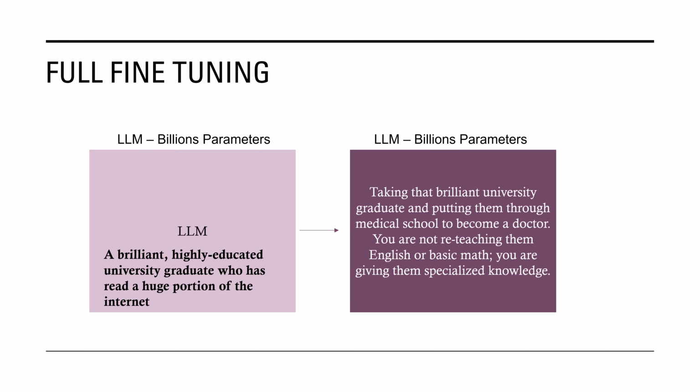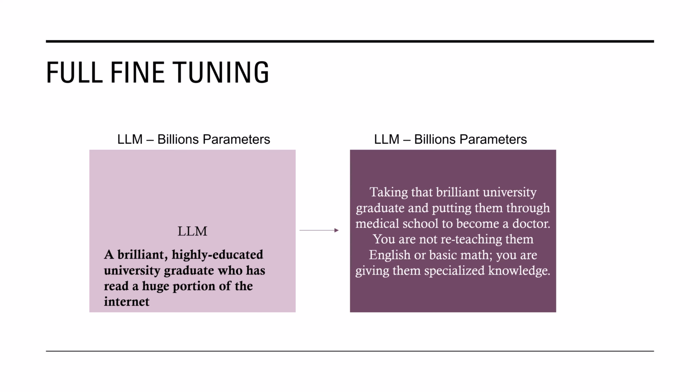So what is the goal here? The goal is to specialize the model's knowledge or to make it follow a specific style, format, or personality. As in our example, now this college graduate knows everything about medical science, so he is becoming a doctor. How does it work?